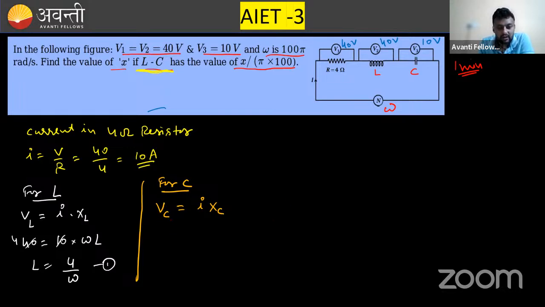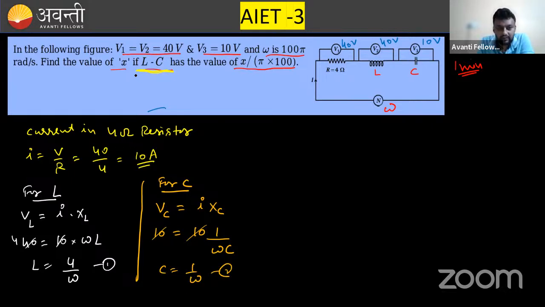Again, put the values. Potential across the capacitor is given as 10 volt, current is 10 ampere, and XC is 1 upon omega C. I hope you know that. So from here, 10 and 10 can be cancelled and C is equal to 1 by omega.